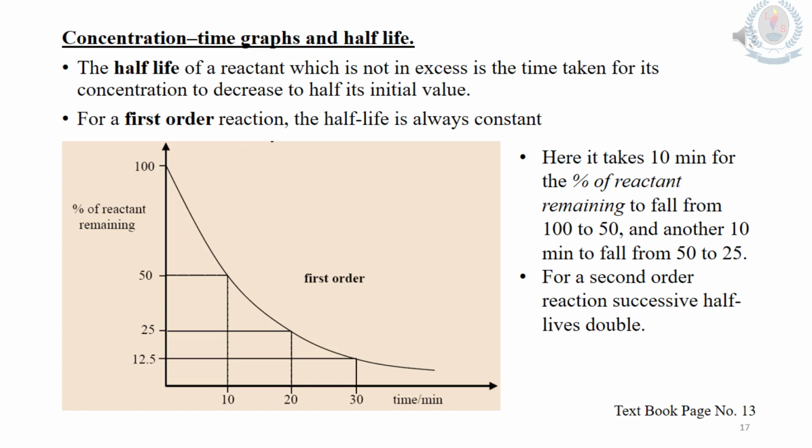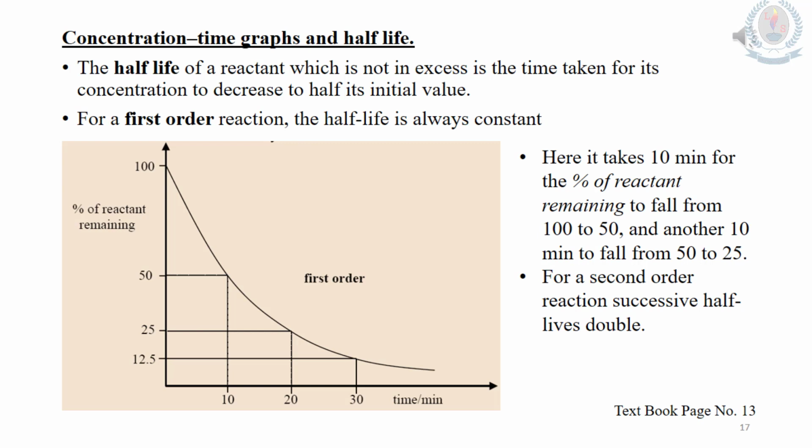Third method, concentration time graphs and half-life. The half-life of a reactant which is not in excess is the time taken for its concentration to decrease to half its initial value.